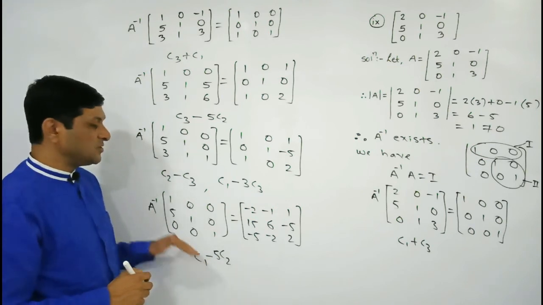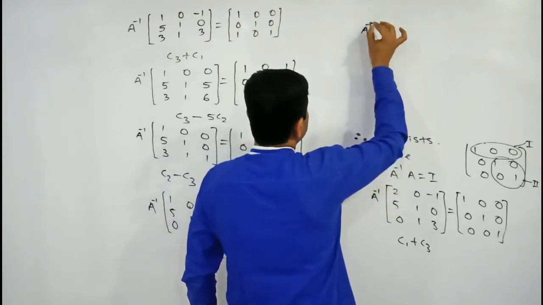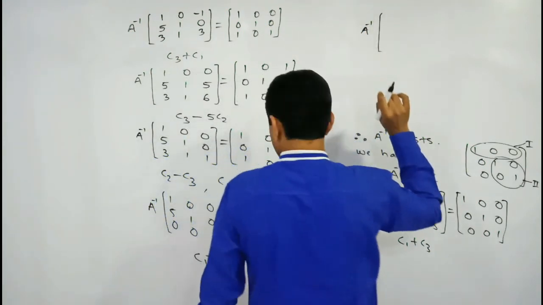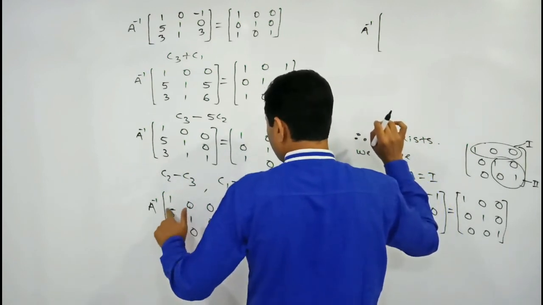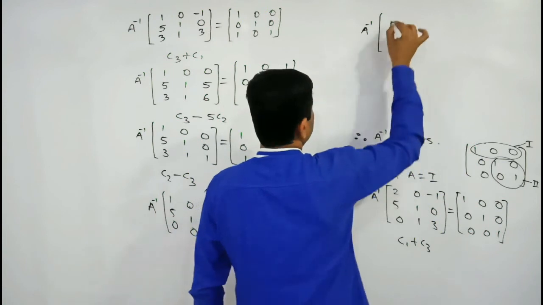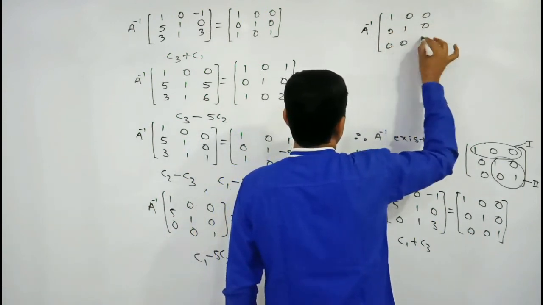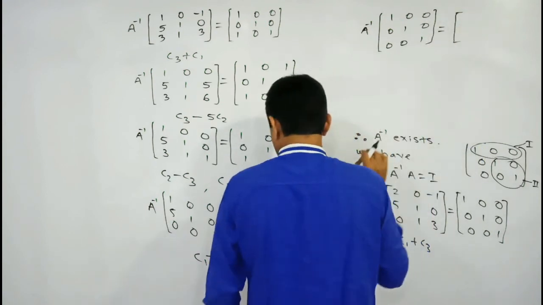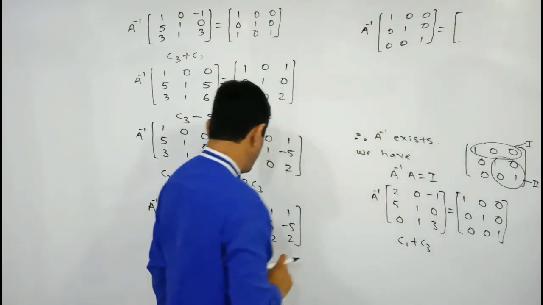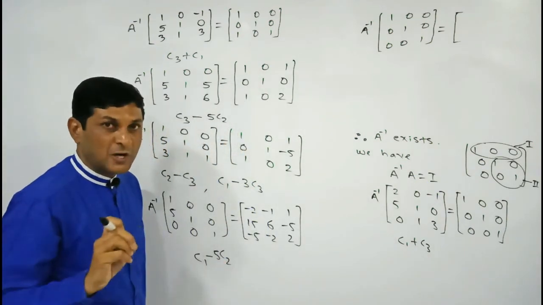Let us perform this operation on C1. So here A inverse, keep it as it is. Our operation is on C1 and easily we can observe that after this operation this element will become 0, and this matrix will become the identity: 1 0 0, 0 1 0, 0 0 1. Perform the same operation on the right hand side very carefully. The operation is on C1. We are using the corresponding element of C2 and we are multiplying C2 by minus 5.